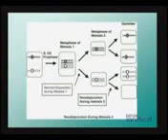We can also have non-disjunction occurring in meiosis II. In this diagram, meiosis I occurred properly. The chromosomes did separate from each other properly in meiosis I, but in meiosis II, the cell nearest the bottom of the screen showed non-disjunction.